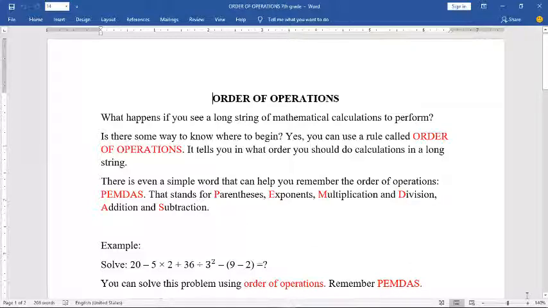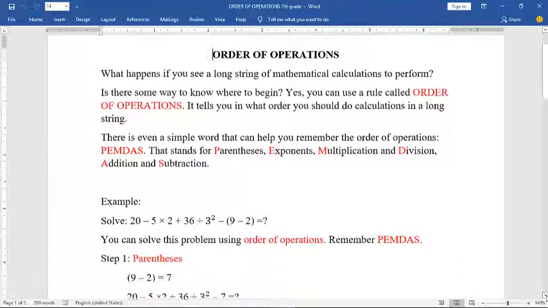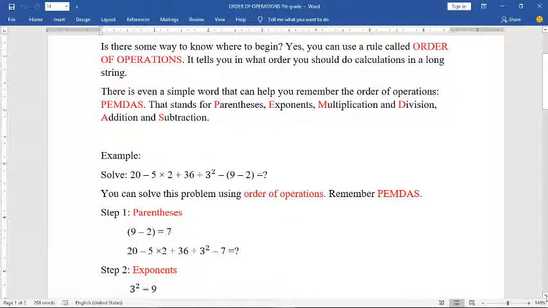For example, if we have this string of operations to solve: 20 minus 5 times 2 plus 36 divided by 3 raised to the second power, or you can say 3 exponent 2, or you can say 3 squared, minus parenthesis 9 minus 2 close parenthesis, equal what?